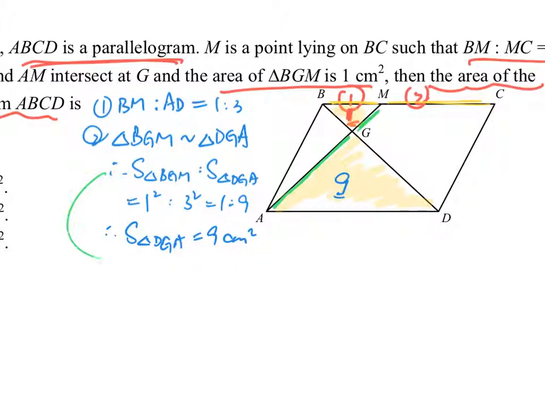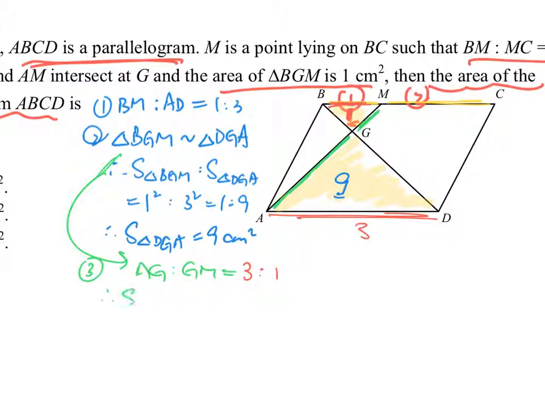So from similar triangles, let's come to point 3. Can you see that AG to GM is equal to, it should be about the similar triangles. You have known that GM is ratio 1 and AD is ratio 3. So that's why AG is also ratio 3 to GM, which is ratio 1.